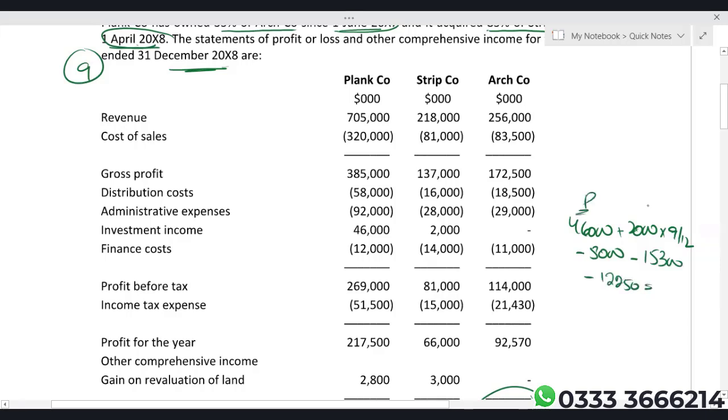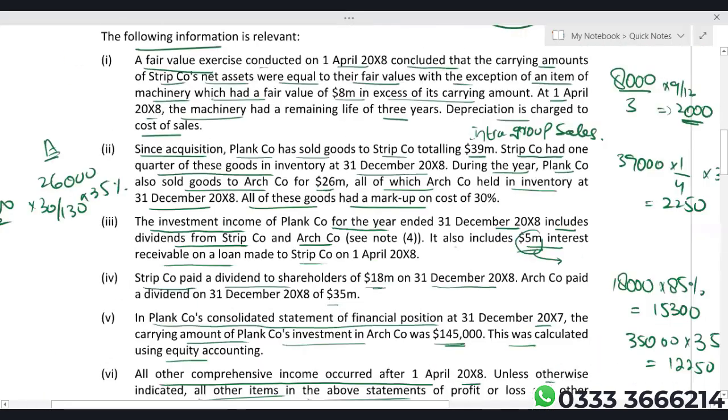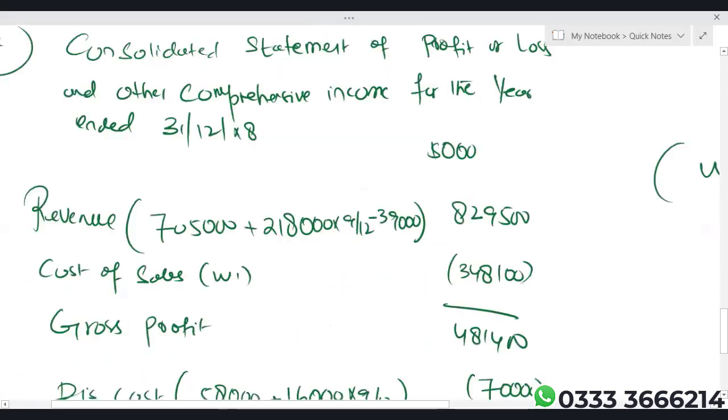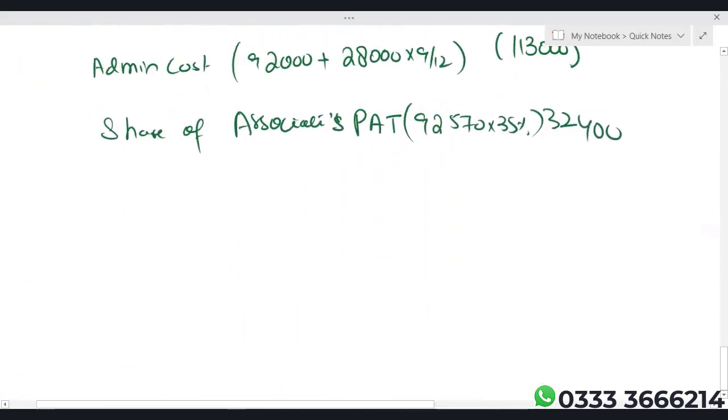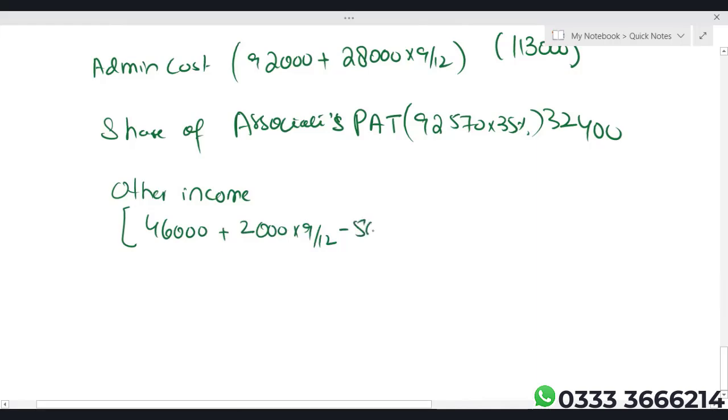Repeat: parent, subsidiary 9/12, interest receivable will be deducted, dividend from subsidiary will be deducted, and dividend from associate will also be deducted. Let's come here. Other income: parent is having 46,000, subsidiary 2,000, 9/12, minus 5,000, that is interest receivable.